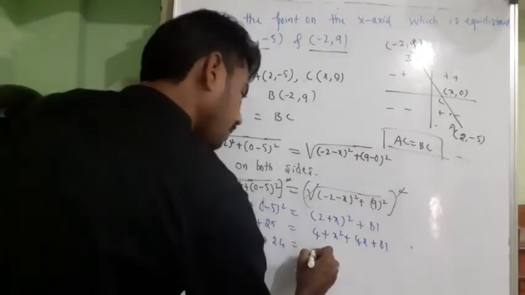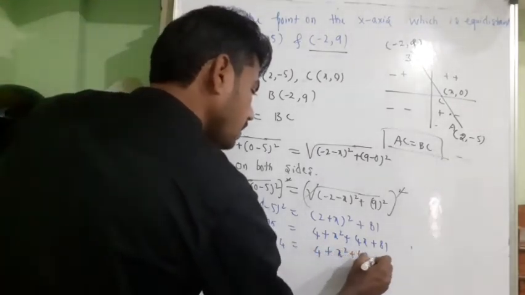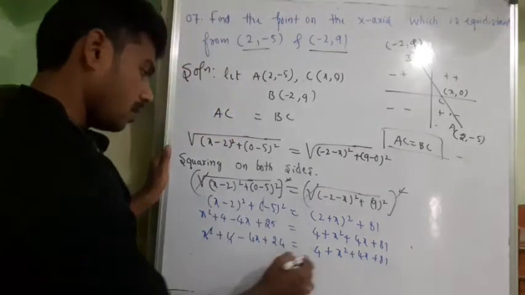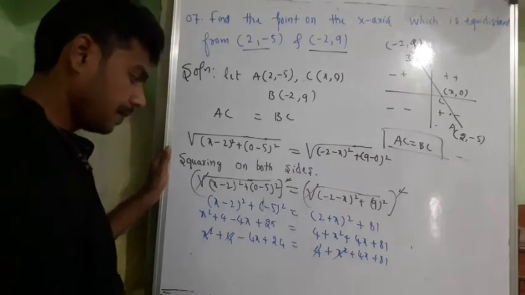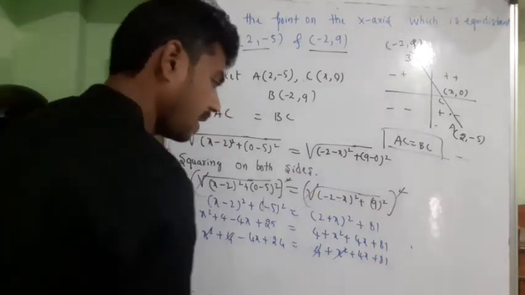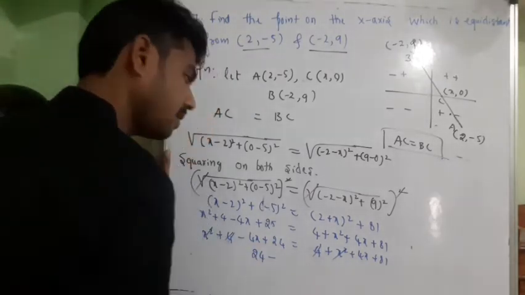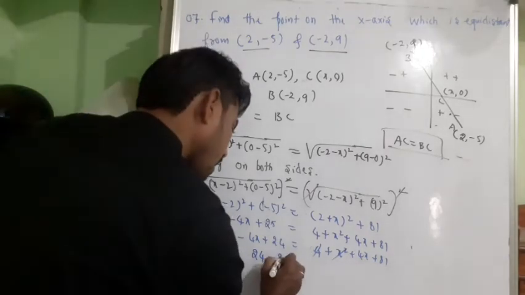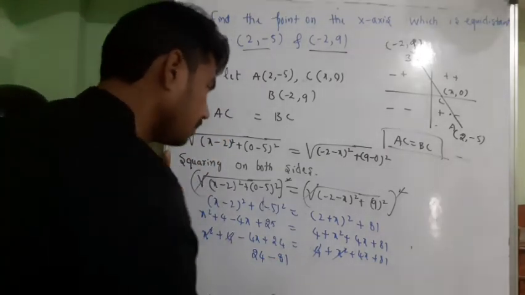Again, 4 plus x square plus 4x plus 81. This 4 will get cancelled and x square will get cancelled. Next, minus 4x I will transfer to the right hand side, so 24 minus 81.